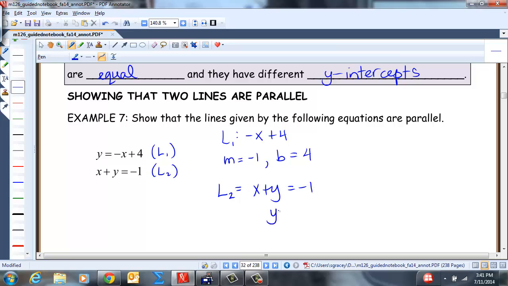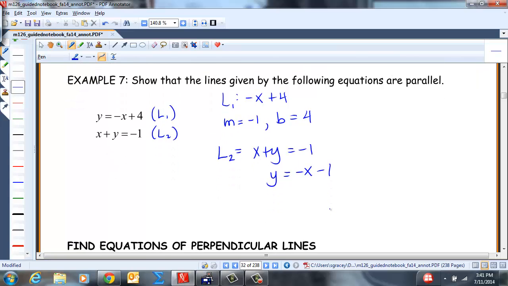If we subtract x from both sides, we get an equivalent equation with a slope of negative 1, and the y-coordinate of the y-intercept b is negative 1. So the slopes are the same, the intercepts are different, so we have shown that the equations are parallel.